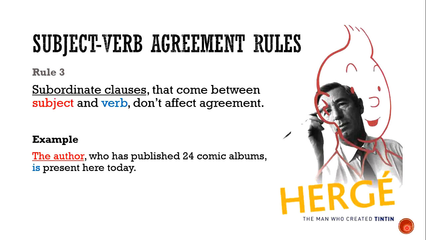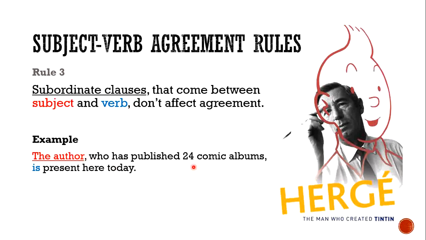A subordinate clause can be removed without affecting the main clause. In this example, the main clause is, the author is present here today. And this part, who has published 24 comic albums, is a subordinate clause.